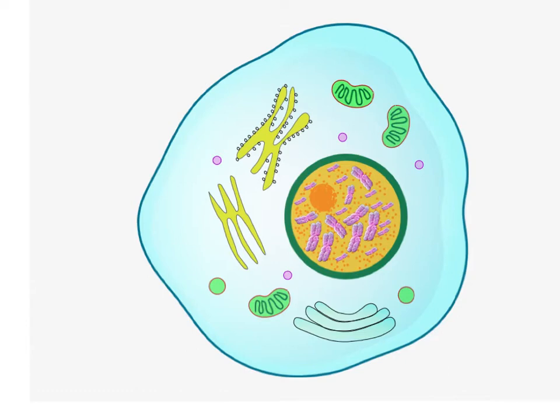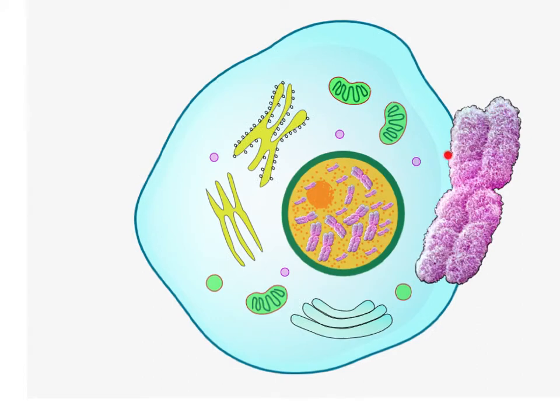Here we can see a normal eukaryotic cell. We've got the nucleus, and within the nucleus we have chromosomes. Here I've zoomed in on a chromosome. It's a typical structure. One chromosome is simply one strand of DNA supercoiled up and stuck together with proteins.